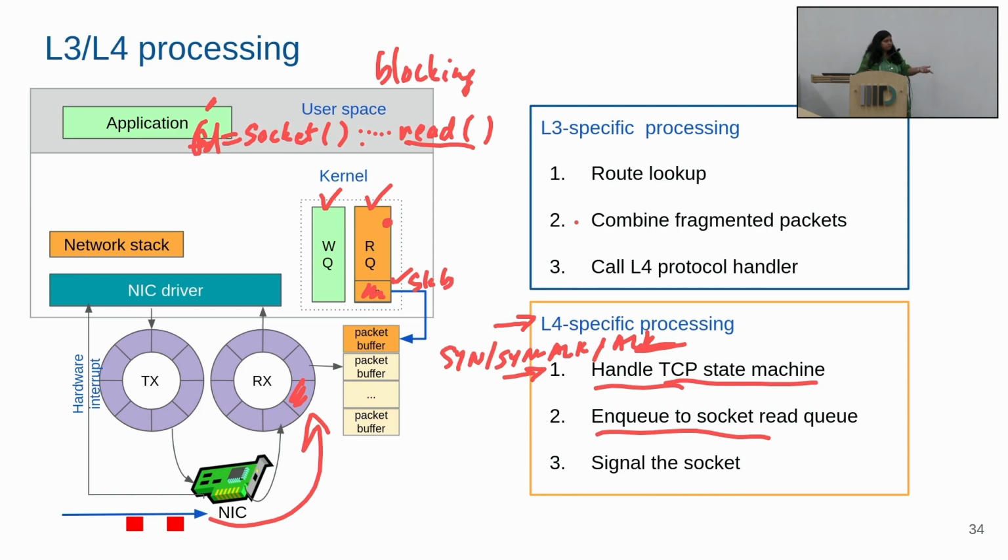What it is actually listening to is whether any data has come in this read queue or not. Once this packet is enqueued into the read queue, the socket is signaled that a new packet has arrived. This is how the blocking read system call works. So now the application knows the new packet has arrived.